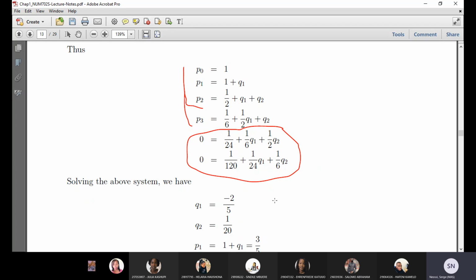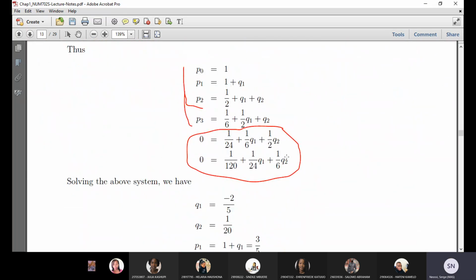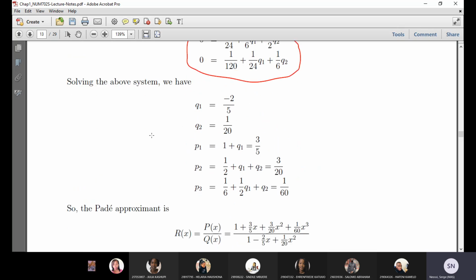And then solve the system in Q's. That is the procedure. You always solve the last system that will be equated to 0 in this expansion. It will give you a linear system. You solve first that linear system in Q's. Once you get all the values of Q's, substitute back the values of Q's to get the corresponding values of P's. So that's how you proceed.